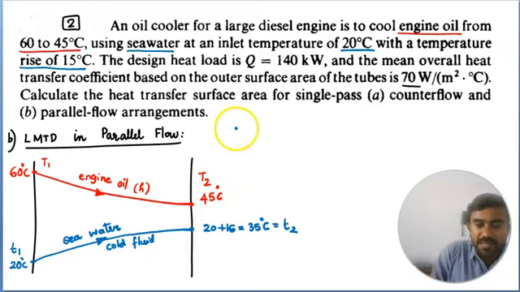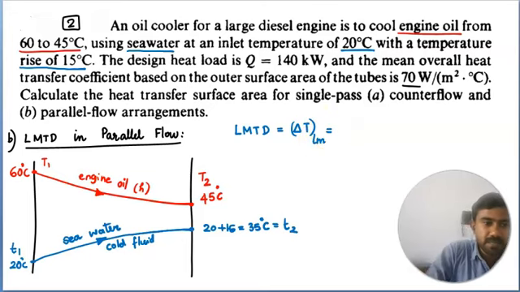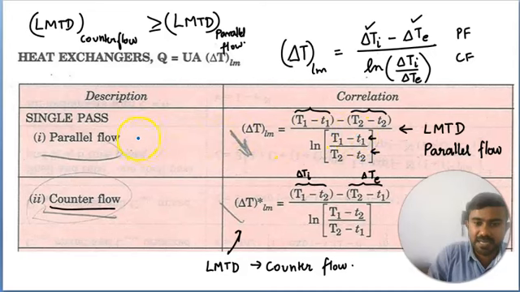Now if you look at the data book, the LMTD is mentioned as delta T LM, logarithmic mean. If you go back to the data book, for single pass parallel flow, it's here.